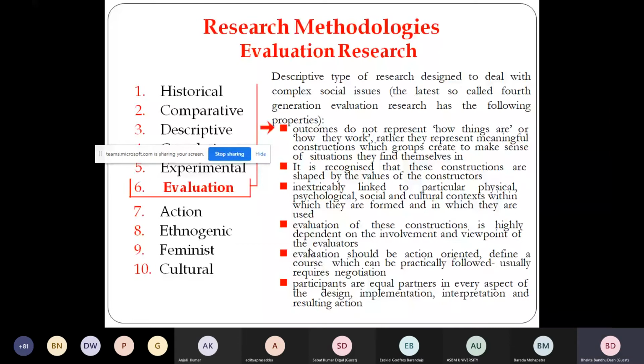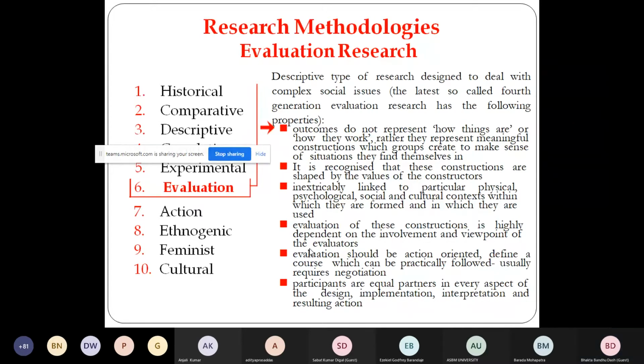So evaluation should be action-oriented. Define a course that can be followed; usually that requires negotiation. Participants are equal partners in every aspect of the design, implementation, interpretation, and resulting action.